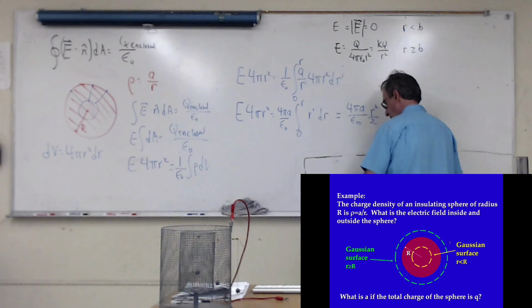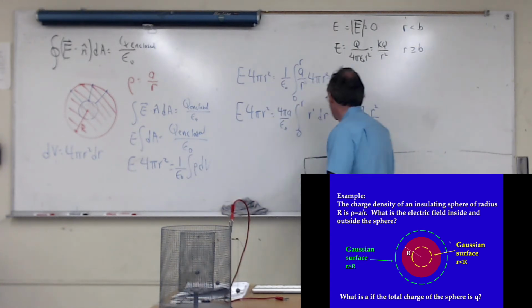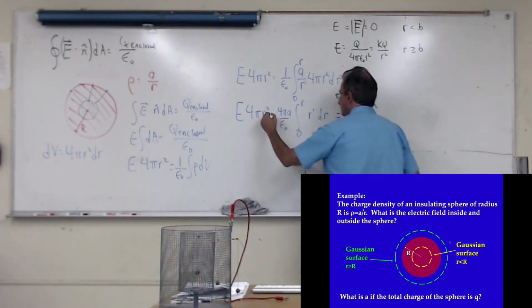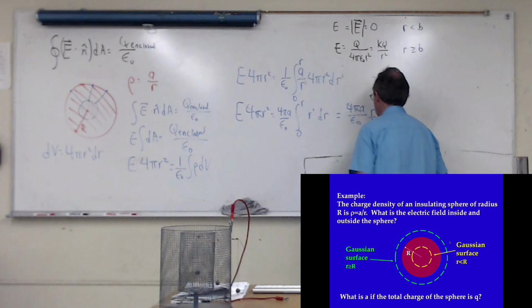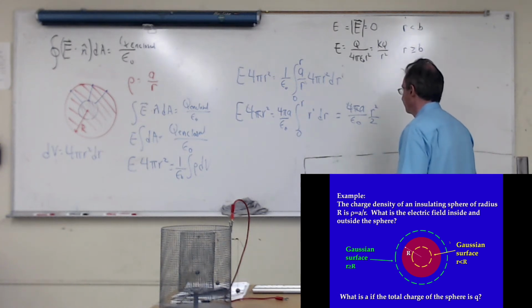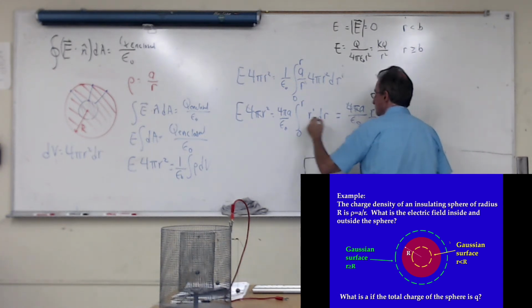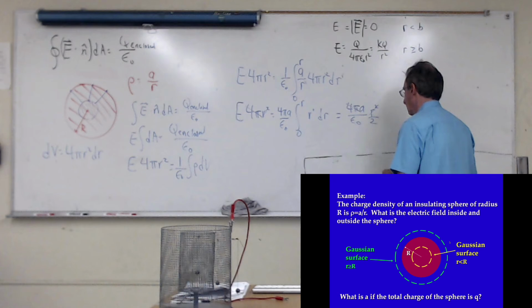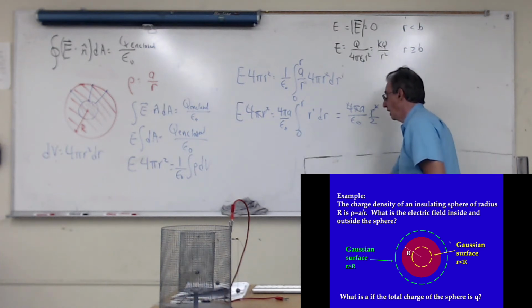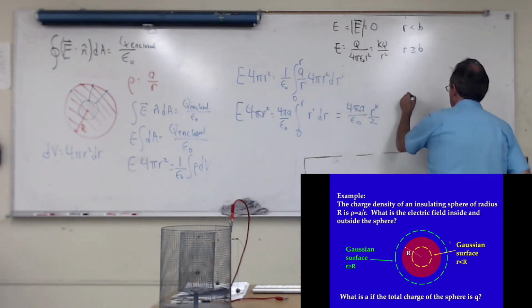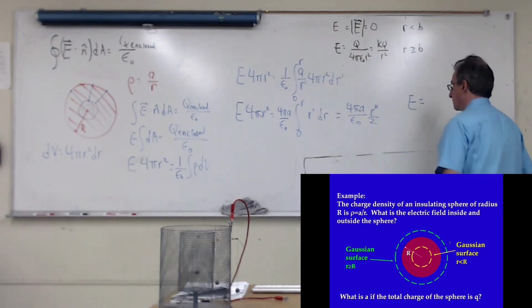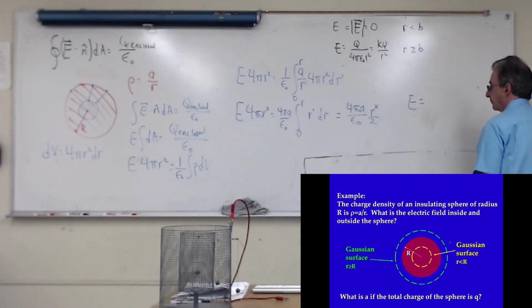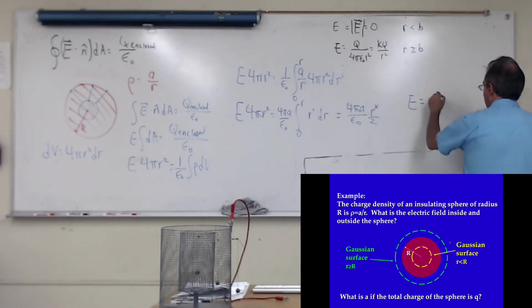So 4 pi cancels, right? Oh, and r squared cancels. And so what am I left with? I'm left with the fact that E equals A over 2 epsilon naught.